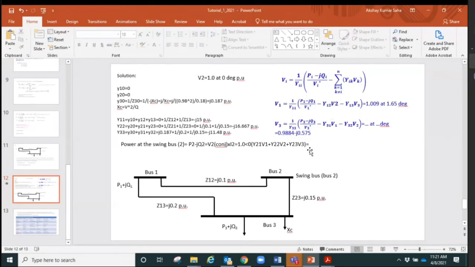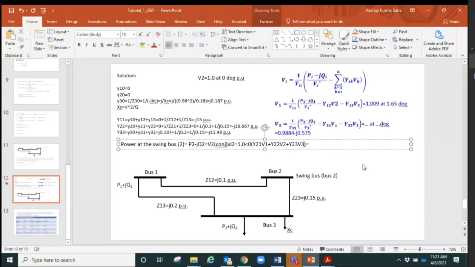That's the V3 you will need here. All the updated values of V1 and V3 will be used, and V2 is 1 at an angle of 0 degrees, given in the problem because it's a swing bus.